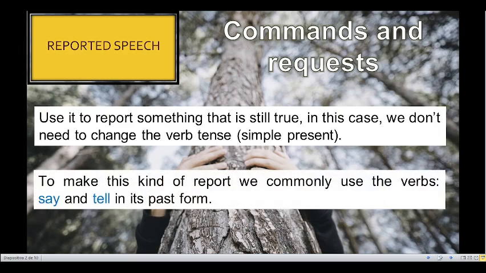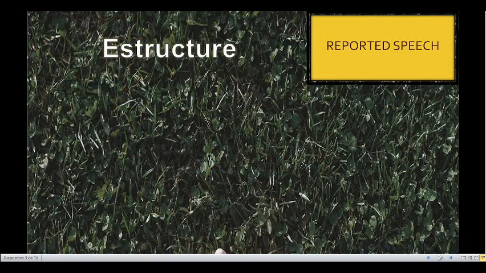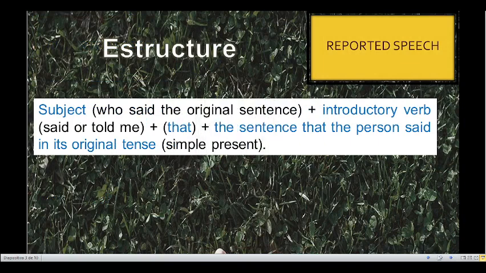Very good. To make this kind of report, we commonly use the verbs say and tell in its past form. So that is said and told. Now let's check the structure of this kind of reported speech. Here we will have to use subject to set the original sentence, plus an introductory verb, said or told me.